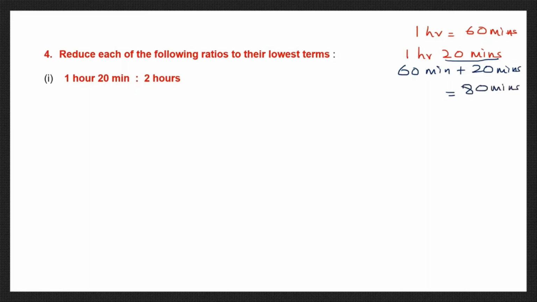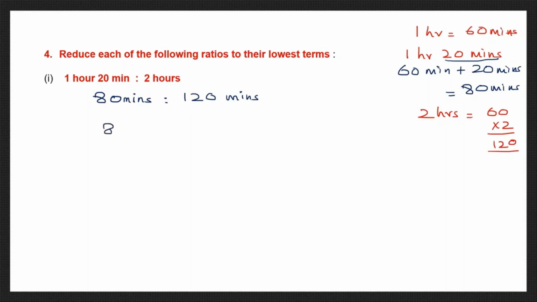So here we have 80 minutes is to, now we know that 1 hour has 60 minutes, so 2 hours will be 60 into 2. 2 zeros are 0, 2 6s are 12. So that is 120 minutes. This is in minutes, and this is also in minutes. So now the units are the same. 80 minutes is to 120 minutes.